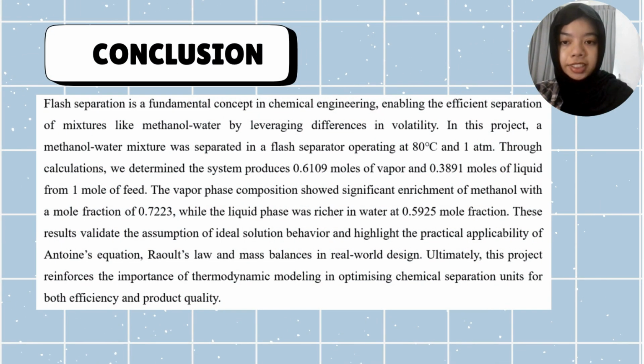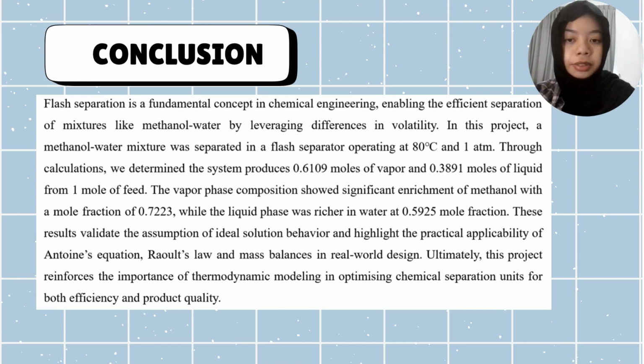So the final part is the conclusion. Flash separation is a fundamental concept in chemical engineering, enabling the efficient separation of mixtures like methanol-water by leveraging differences in volatility. In this project, a methanol-water mixture was separated in a flash separator operating at 80 degrees Celsius and 1 atm.